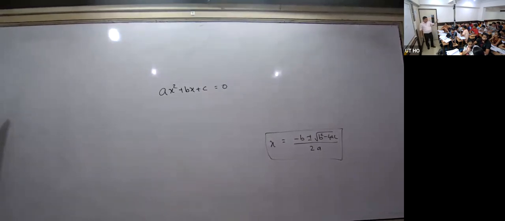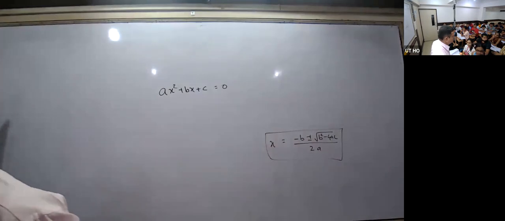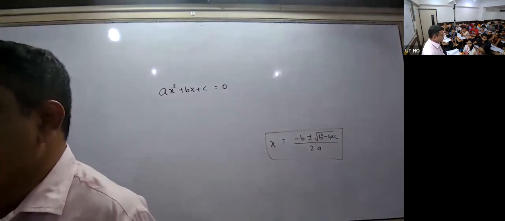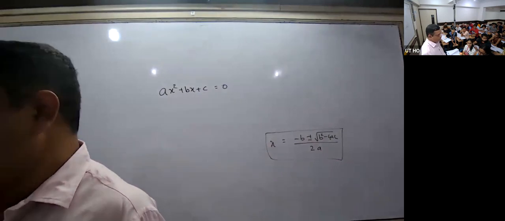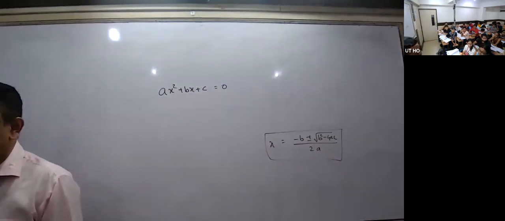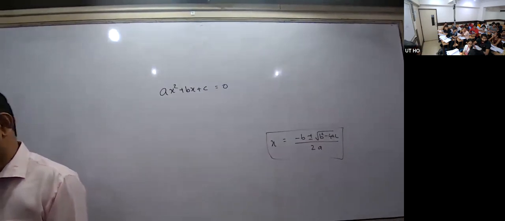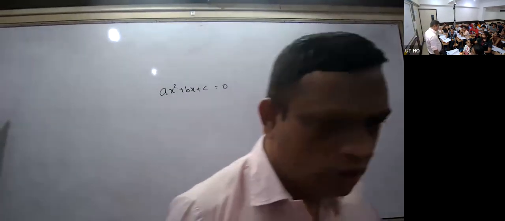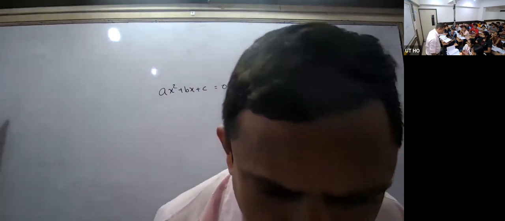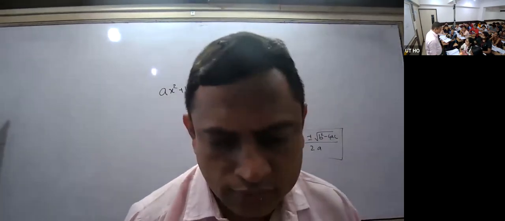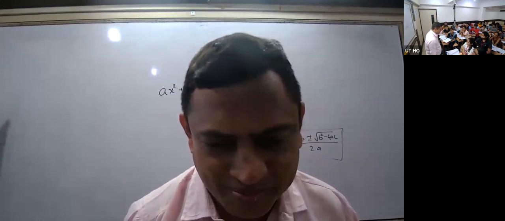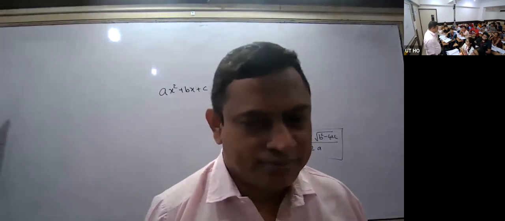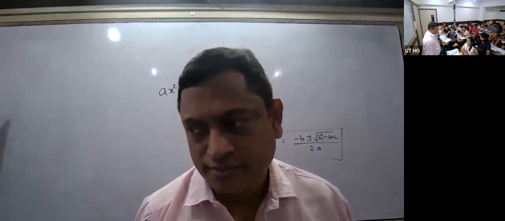All of you learn? Okay, tell us. Minus b plus minus root of b square minus 4ac by 2a. Sit down. What is this formula used for? Tell. x is equal to minus b plus minus root of b square minus 4ac upon 2a.